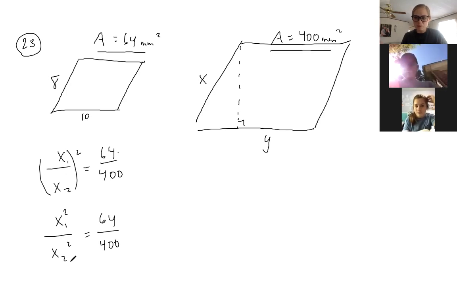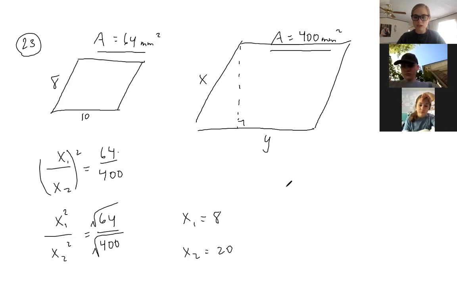If we cross multiplied, we'd still have two unknowns. But we do know that the square root of those will get us x sub 1 is 8 and x sub 2 is 20. Therefore, the ratio is side 8 to side 20, which would be 2 to 5.